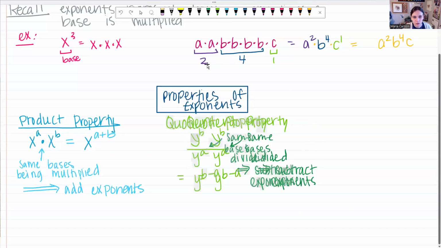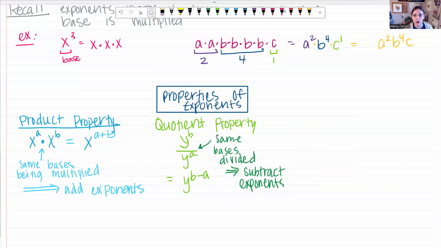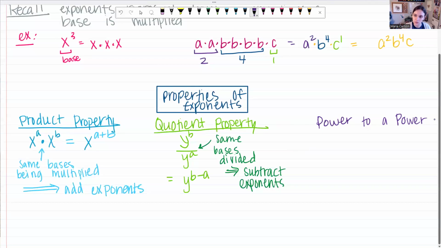And we are going to now talk about the power rule or the power property. Power to a power, if you will.